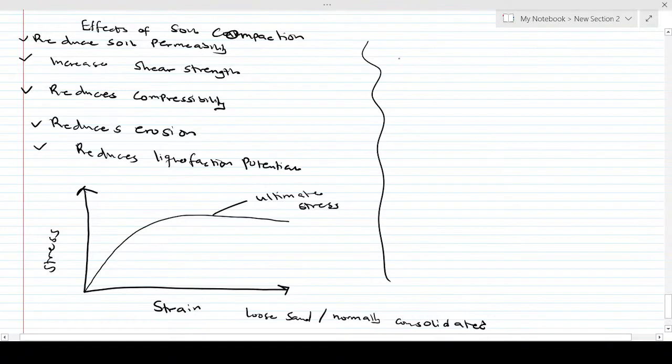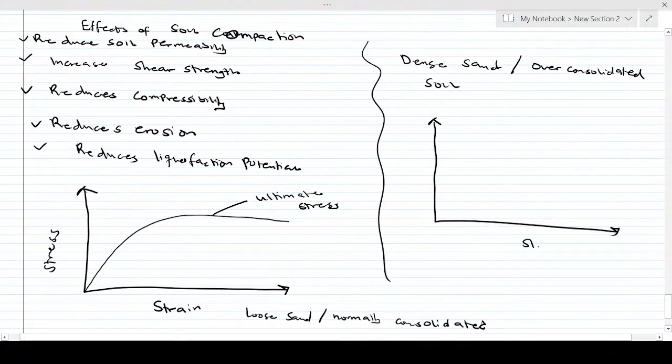Then when we come to that of the dense sand, also known as over consolidated soil, the stress strain graph is simply going, so we have strain and we have stress.